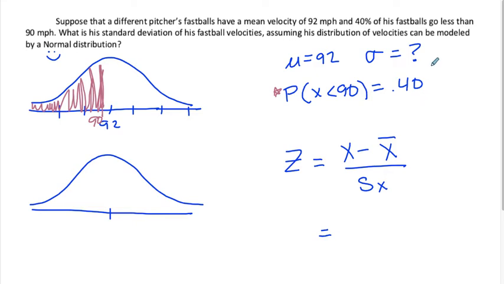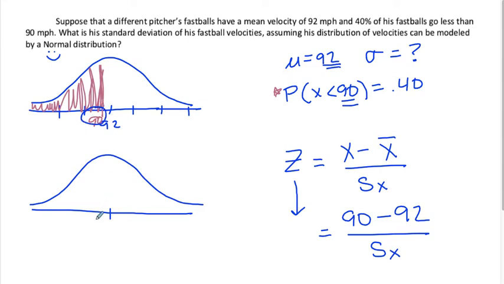So we already have this idea of, okay, we know the observation, that's our 90. We know the mean, that's our 92. What we're missing is the standard deviation. So we need to find the standardized score of what this would be represented here. If I standardize to 0, and now I know standardized would be 1 standard deviation.